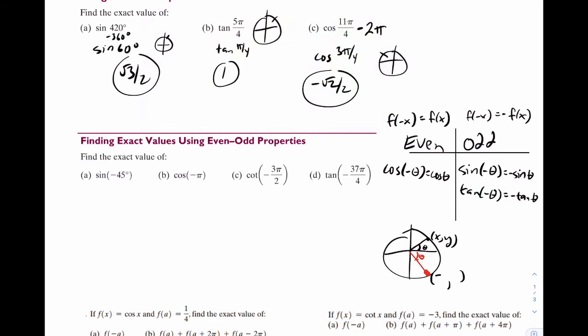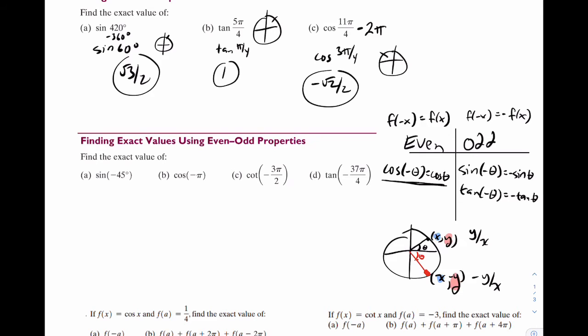The x value remains the same, and y became negative. So look at that. X stayed the same, which means cosine should not change. But look at the y values. The y values change, which means sine should change, and the tan values are also going to change. They negate. That's why cosine is an even function, and sine and tan are odd functions.